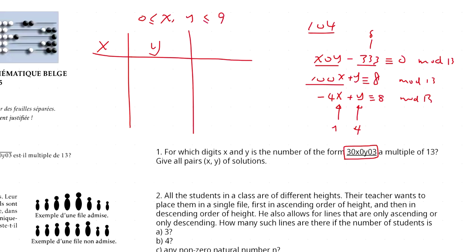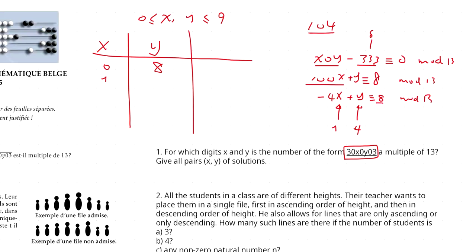It's quite easy. Minus 4 times 0 is 0, so y must be 8, so that the congruence will be 8. If x is 1, then it's minus 4, and at the end we need a remainder of 8, so y must be 12.